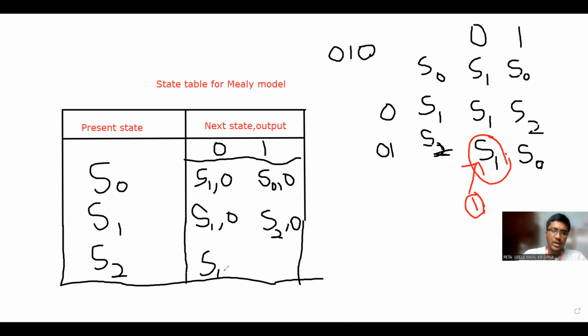Here we should note that 3 bits are detected, so the output will become 1. And if I give the third bit as 1, 0, 1, 1, it will move to the initial state S0, and the output will be 0. So this is the state table for the Mealy model. So in this way, we can find the sequence detector using the Mealy model.